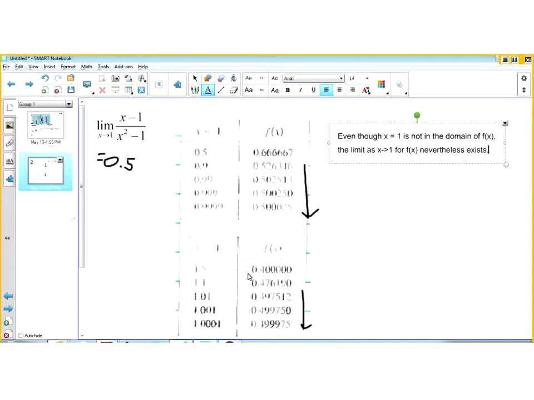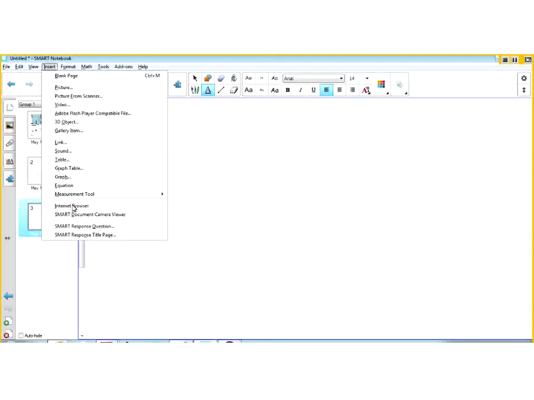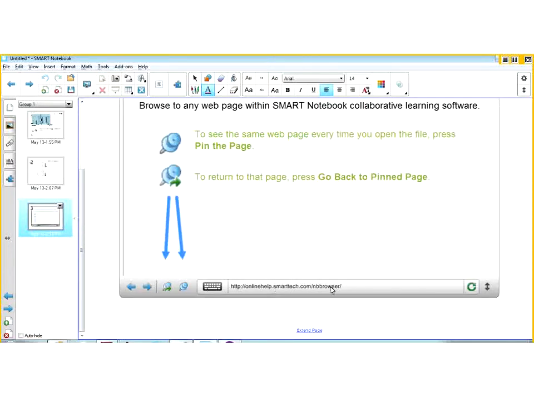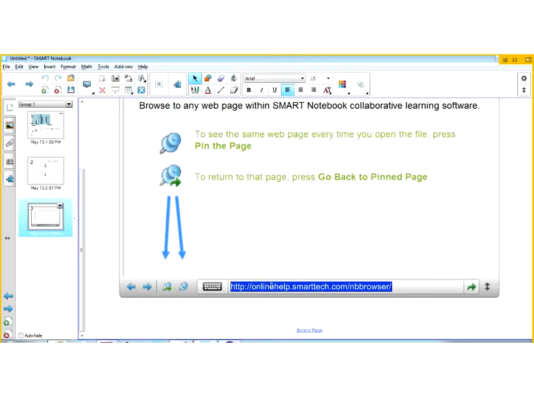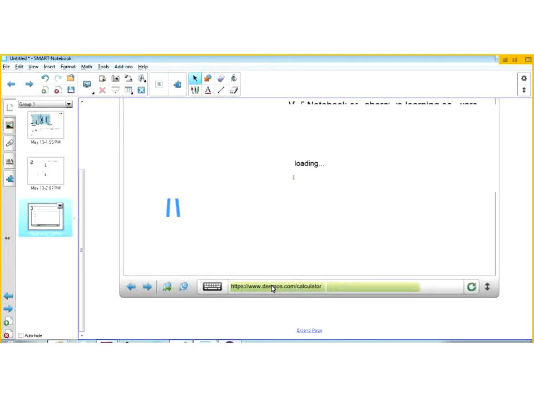Now let's modify the graph. Oops, I deleted it, didn't I? I'll go back and post it again. So this time I'm going to take the same graph, y is equal to x minus 1 divided by x squared minus 1.